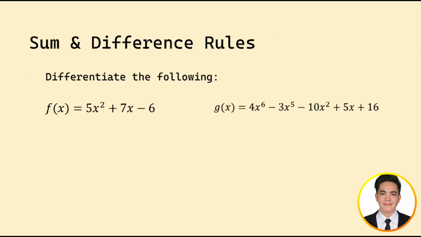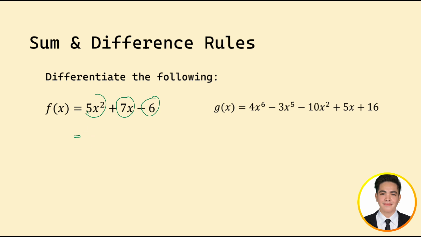So, f of x, the first one, is equal to 5x squared plus 7x minus 6. So, ang gagawin natin dito is we evaluate the first term, and then the second term, and then the third term. So let's first evaluate the 5x squared. We differentiate. So we will get 2.